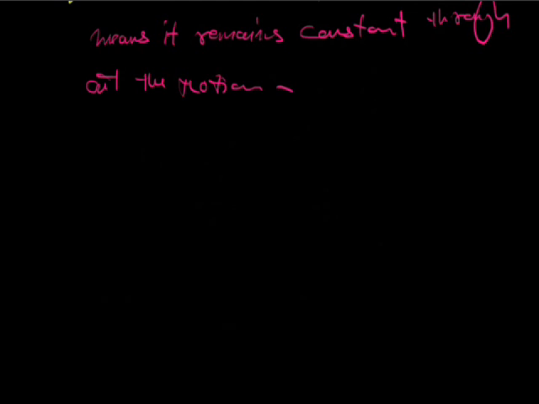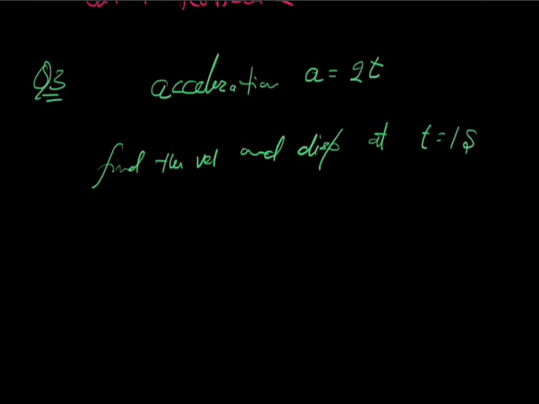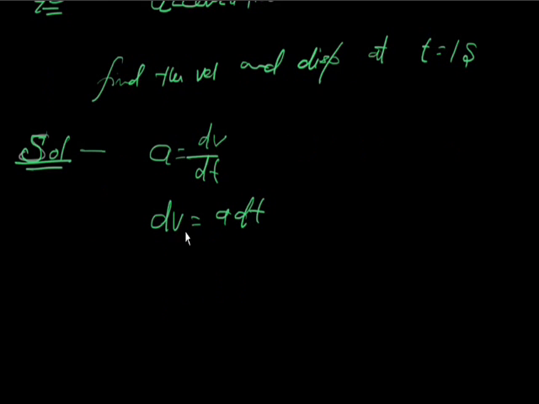Solution number 3. Acceleration a is equal to 2t. Find the velocity at t is equal to 1 second. We know that a is equal to dv by dt, and dv is equal to a dt. The velocity v is the integral of a dt.